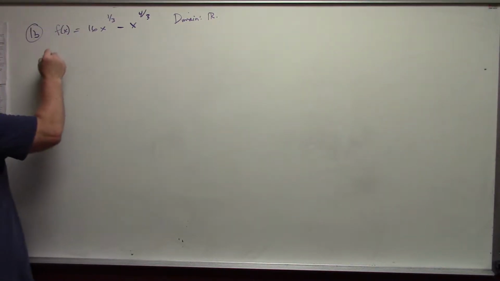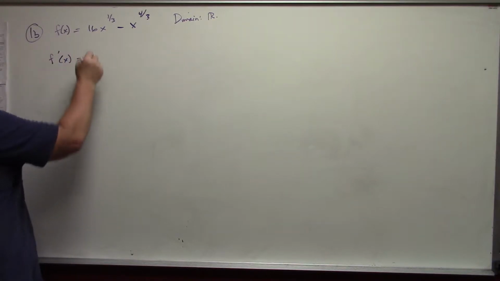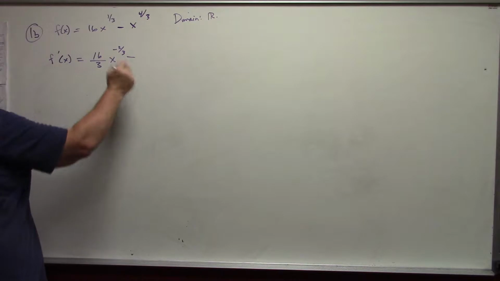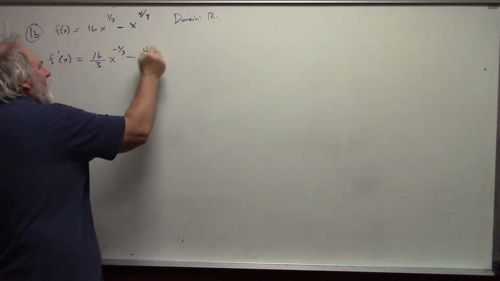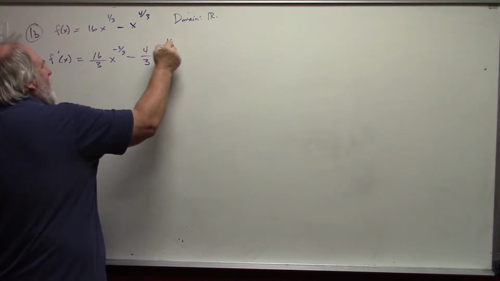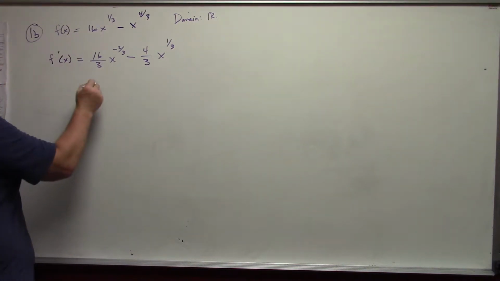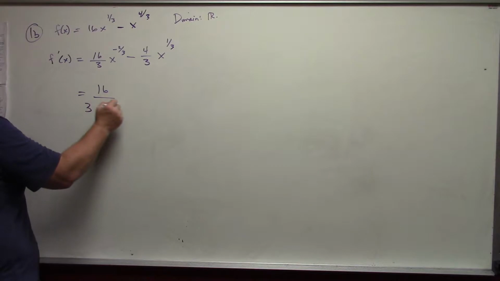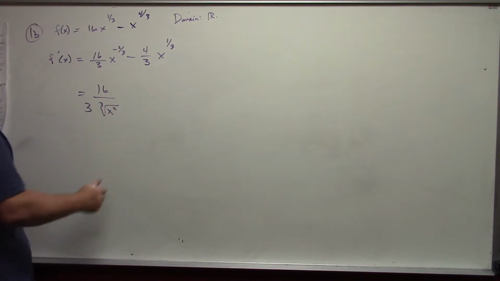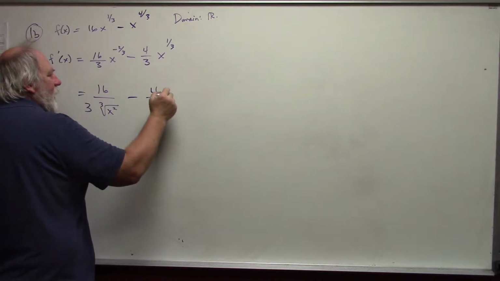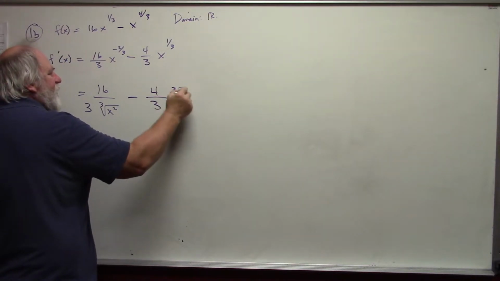My derivative is 16/3 x to the negative 2/3 minus 4/3 x to the 1/3 using power rules, which we write as 16 over 3 times the cube root of x squared minus 4 thirds cube root of x.